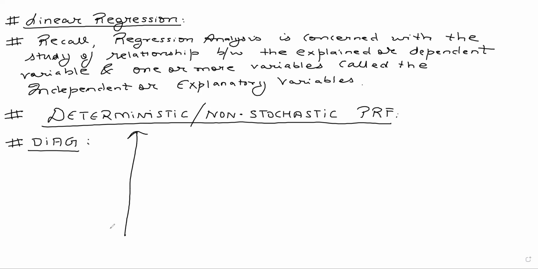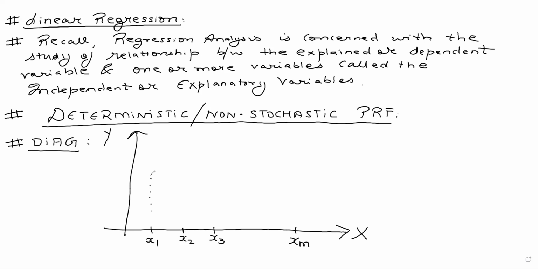For every fixed value of x, say x1, x2, x3, and so on, I can go on till xm, we have lot of values of y. So I can say for every value of x, y itself is a random variable.